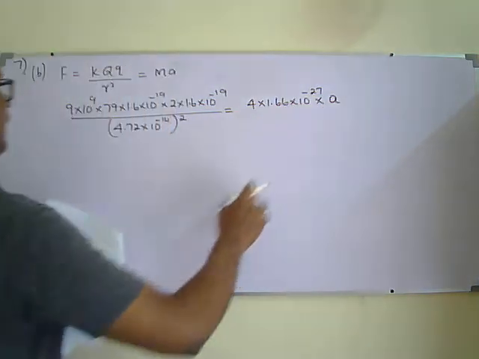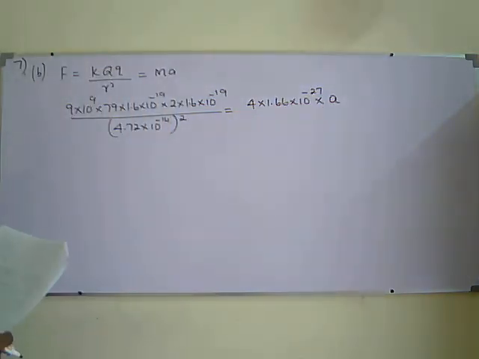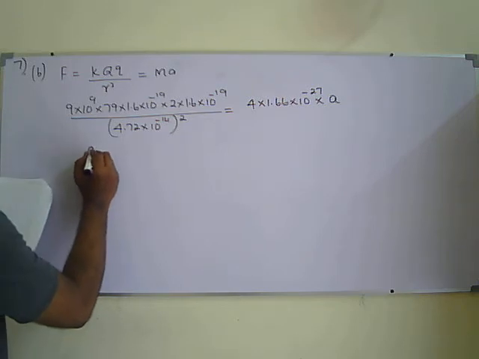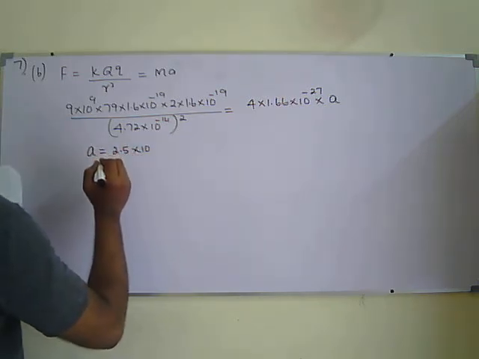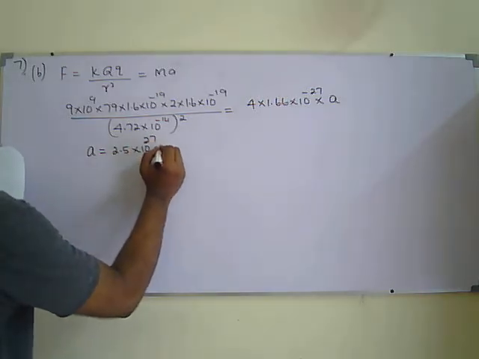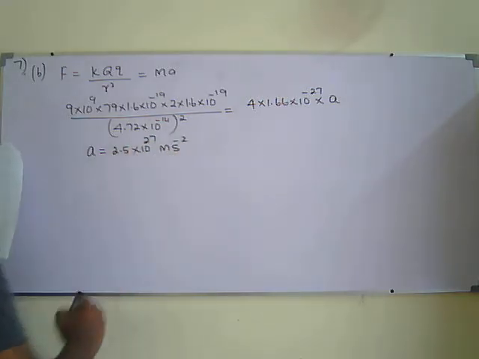F equal ma. Solve it, you will get the acceleration. So acceleration will be 2.5 times 10 to the power 27 meter per second squared.